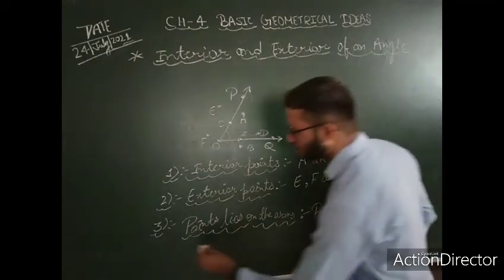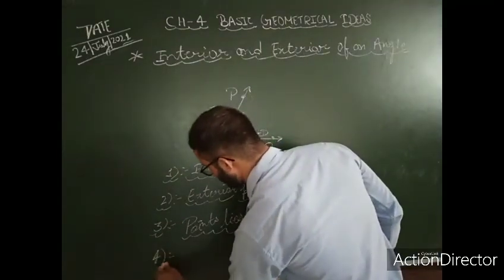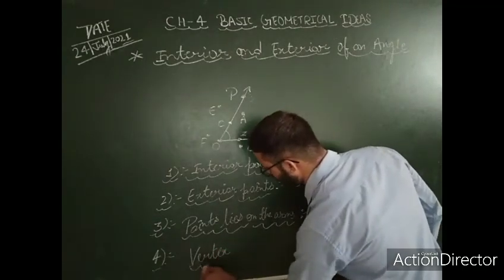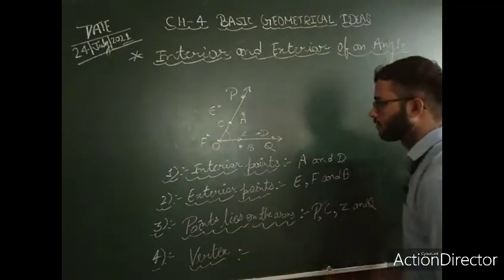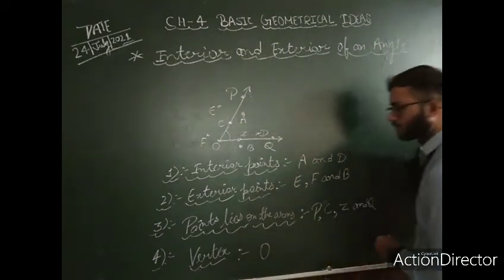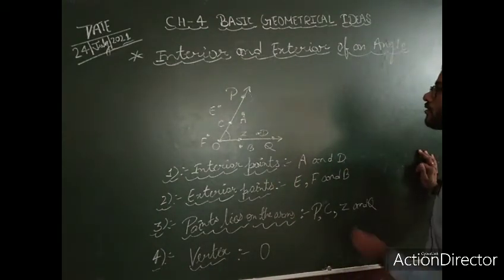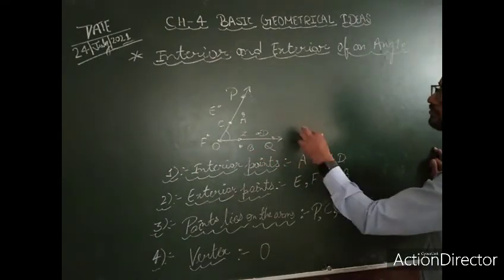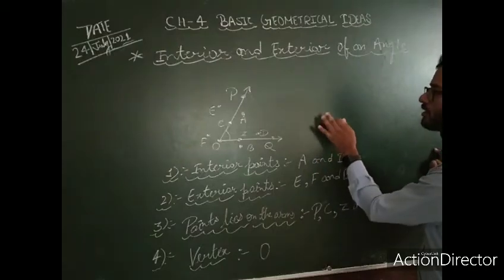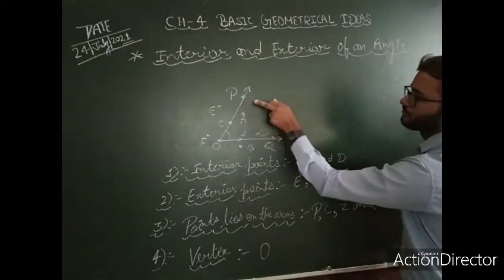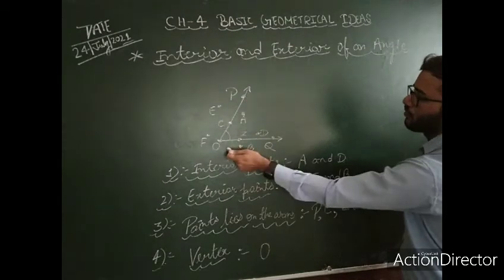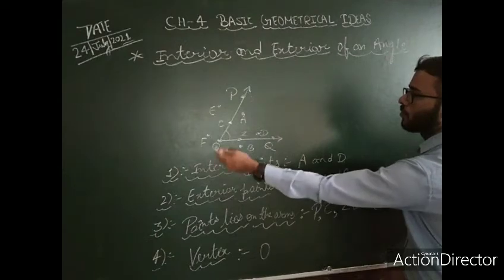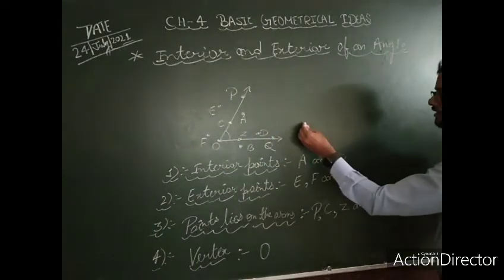Lie on the arm. Now here we write vertex. Vertex is point O, right? Now what is the name of this angle? There are lots of ways to write the name of an angle, but here we write only one name: angle POQ or angle QOP, right?